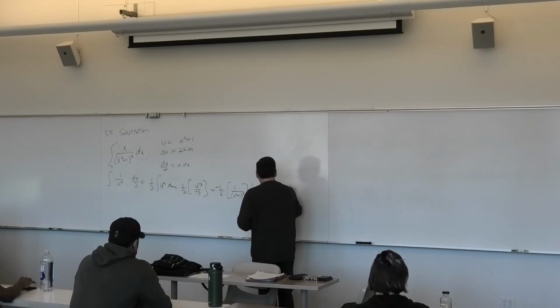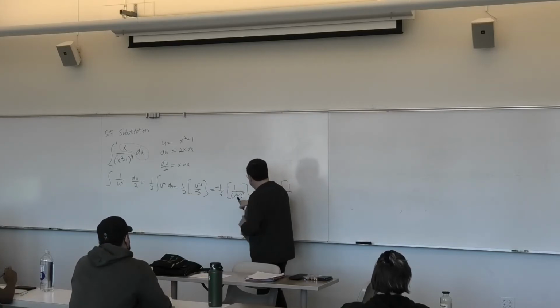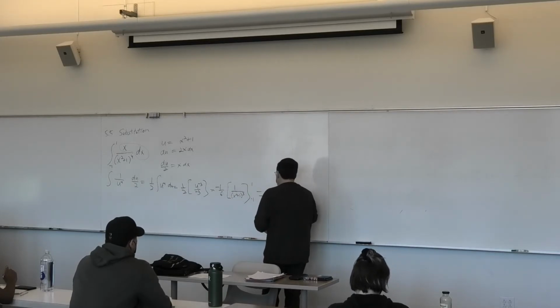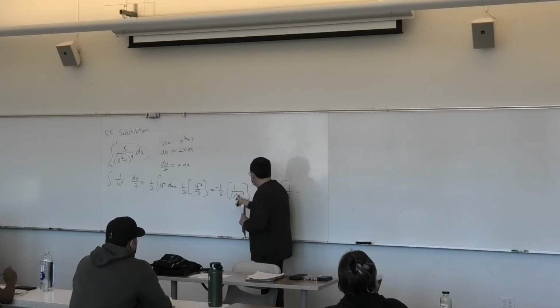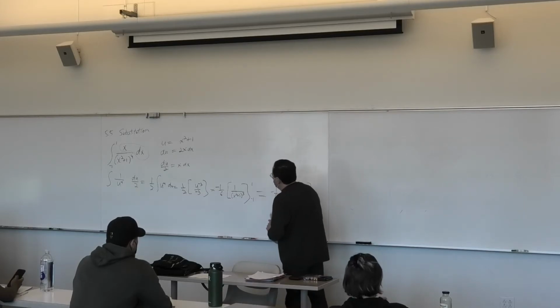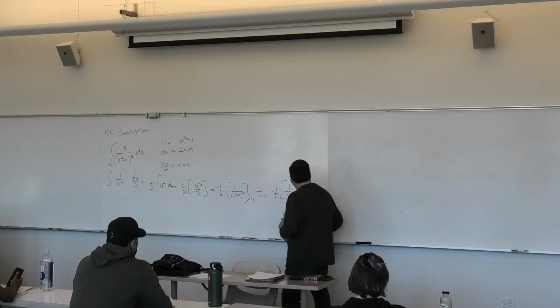Negative 1/6. Plug in 1 over 2 to the third, 1/8 minus, well, that's interesting. This turns out to be 0.